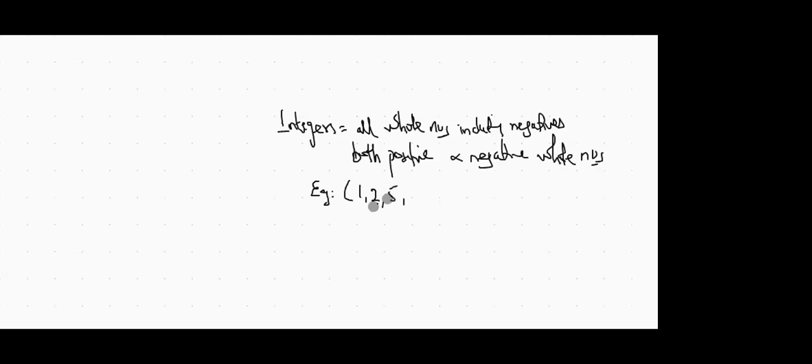But that's still only positive. Integers are both positive and negative whole numbers. -2, -5, negative. It's okay. Don't worry. So we've been able to list quite a number of them.